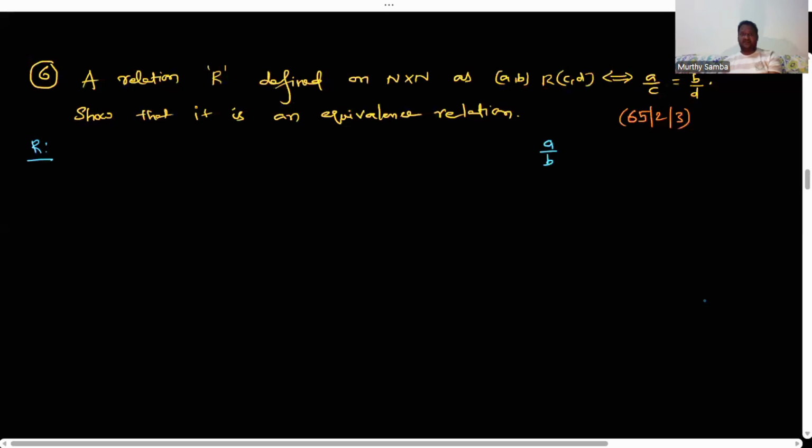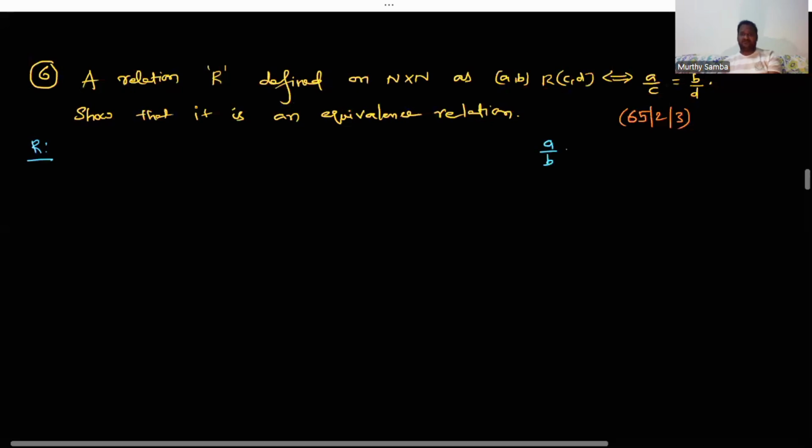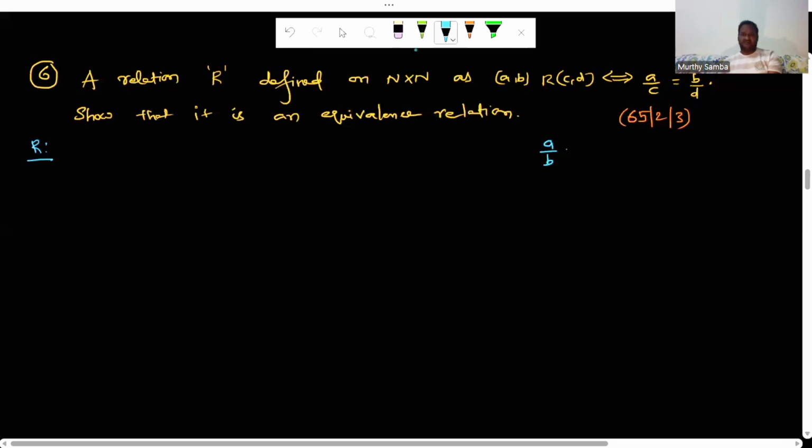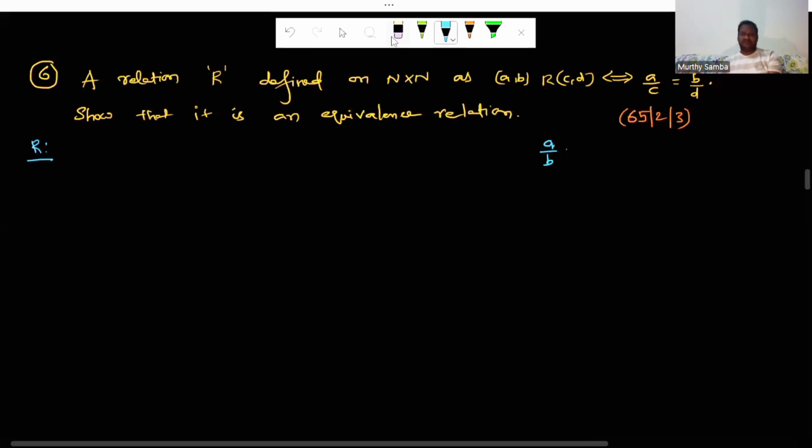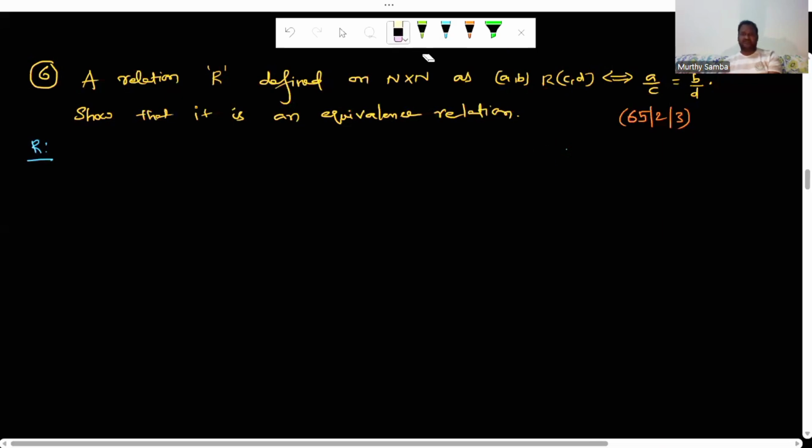A by B, C by D: A by B is equal to C by D. When a by b is equal to c by d, we can do cross multiplication and we get ad is equal to bc.